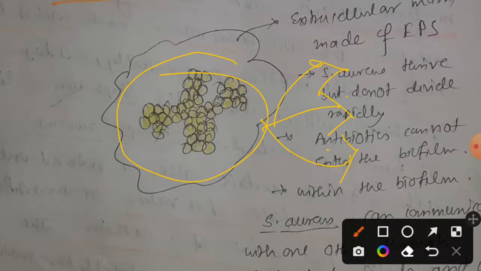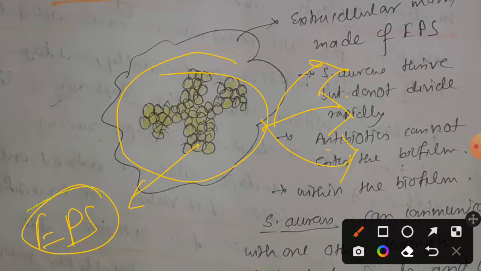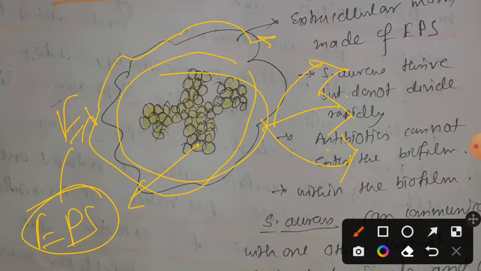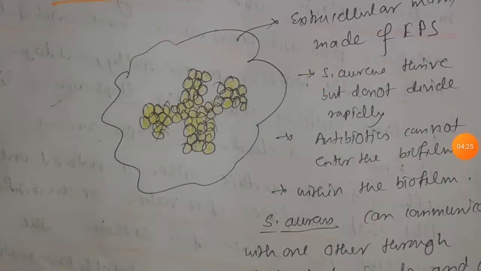After adhering to those surfaces, they start producing a special type of extracellular matrix composed of EPS, that is extra polysaccharide, known as exopolysaccharide. With time those bacteria will be completely surrounded by the slime layers produced by these EPS. That is the composition of biofilm.